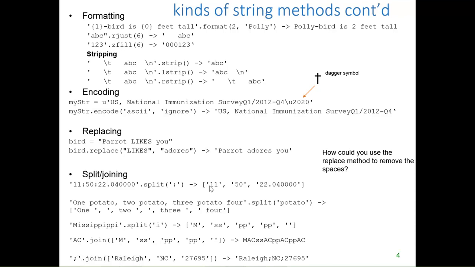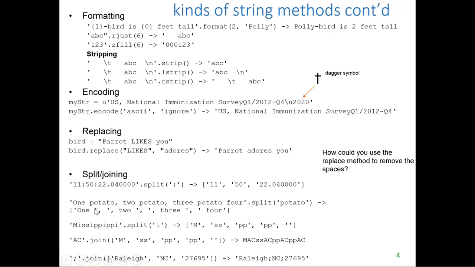Everywhere there was a colon before, that is removed, and we get a comma-separated list of the items that were around the colon. It's not just for colons, it's whatever you pass into the split that'll be the point on which it breaks, and that'll be the thing that it removes. So if we use that nursery rhyme, 1 potato, 2 potato, 3 potato, 4, and split on potato, we'll get 1, 2, 3, 4.